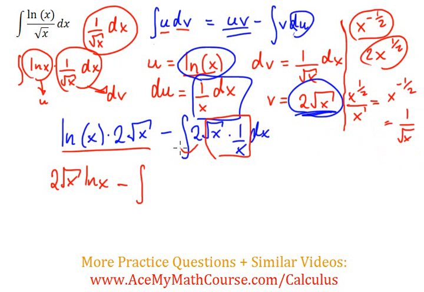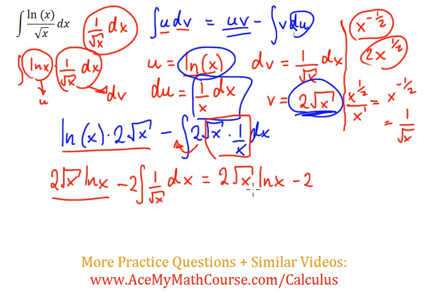And the 2, I'm just going to bring it outside of the integral. So I have essentially 1 over root x dx. Now just copy down the whole thing over here.